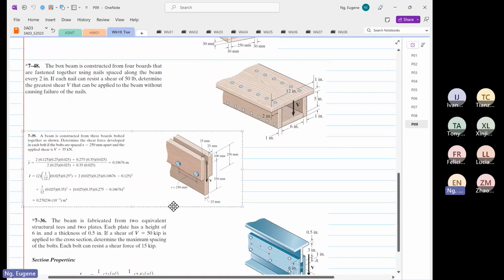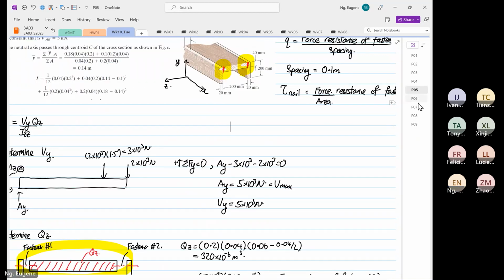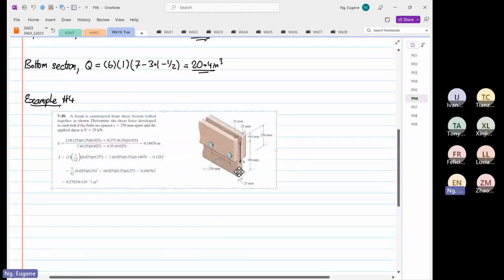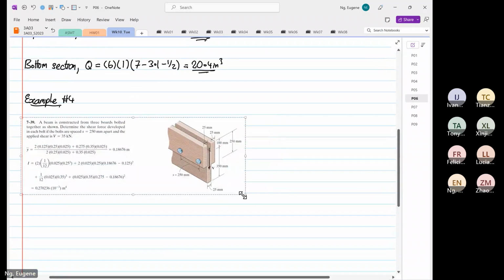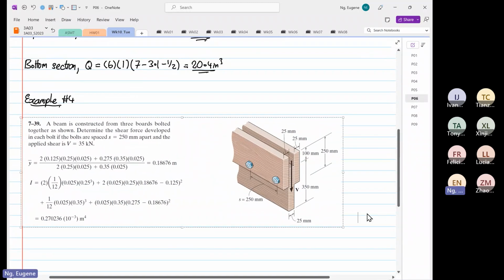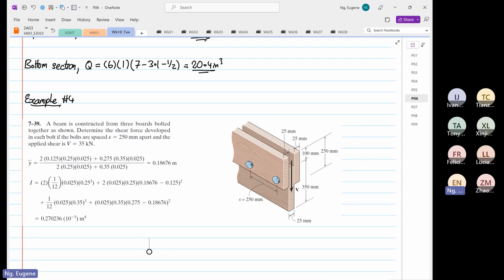Now this one is tricky. And I'll tell you why it's tricky. So again, how to take the first moment of area? And the centroid is 0.18676.